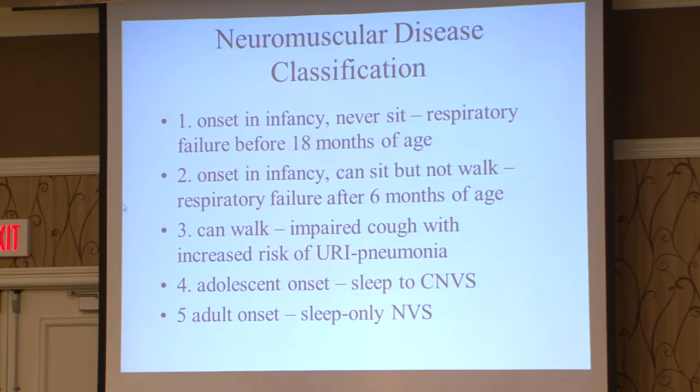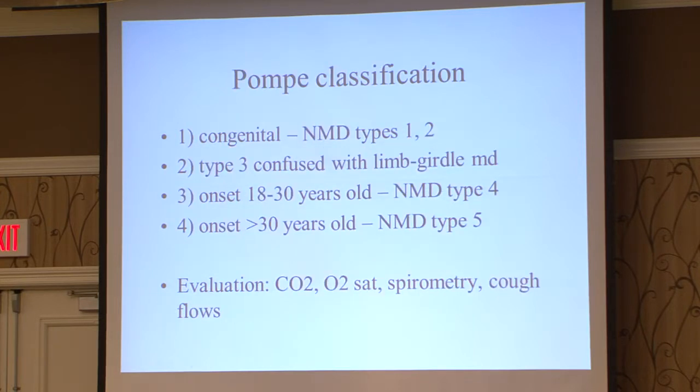Next. As I mentioned, the Pompe classification goes through all 4 groups. In fact, with most neuromuscular diseases, you have type 1, 2, 3, and 4: congenital myopathies, congenital muscular dystrophies, spinal muscular atrophy. You can have children that are type 1 and never have the ability to sit. You can have adult onset as well.